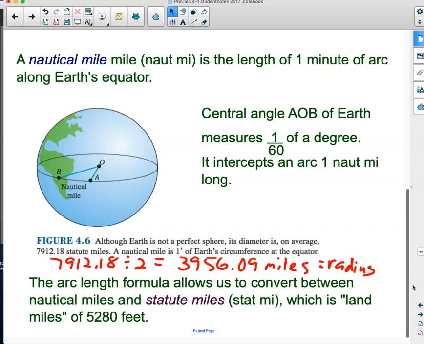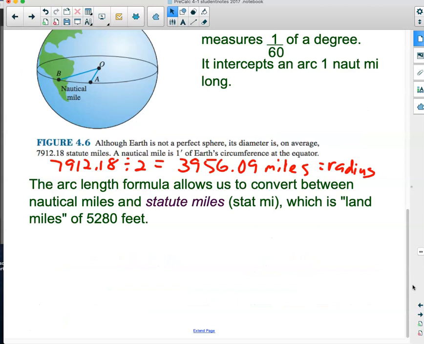Those are the normal ones, you know, when we drive and say Big Lake is 13 miles from Elk River. Those are the land miles. So the land miles of 5,280 feet. So like I said, kind of weird how miles are not the same, but they're not. So that means if we want to understand how far two things are away from each other out on the ocean, we have to be able to go between nautical miles and statute miles.